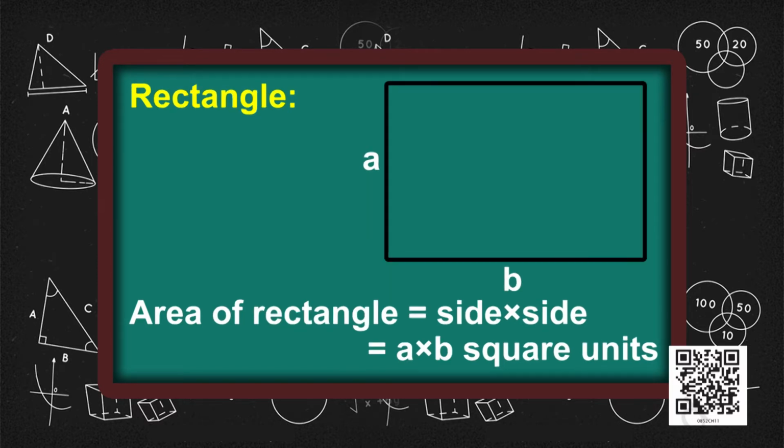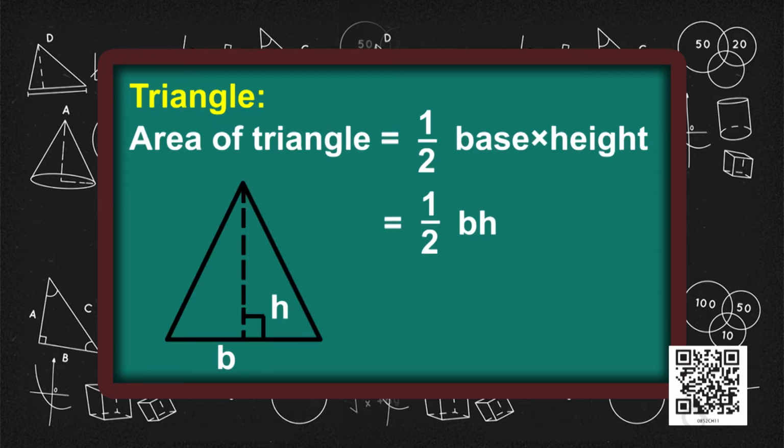Area of a rectangle of length B units and breadth A units is A into B, or AB square units. Similarly, area of a triangle with base B and height h is half into base into height, which is equal to half BH.